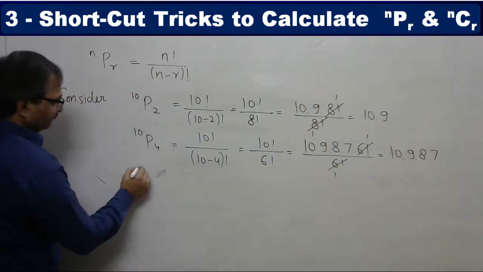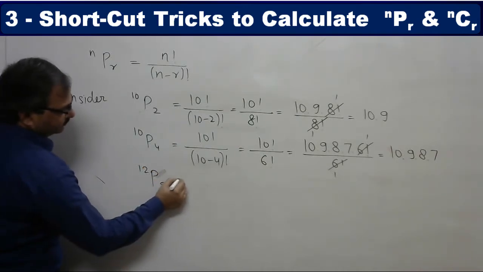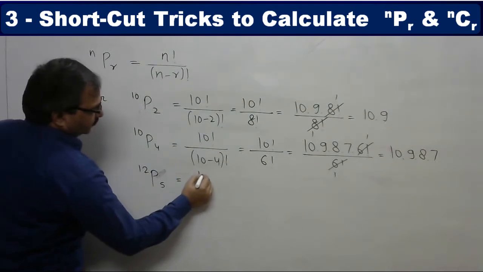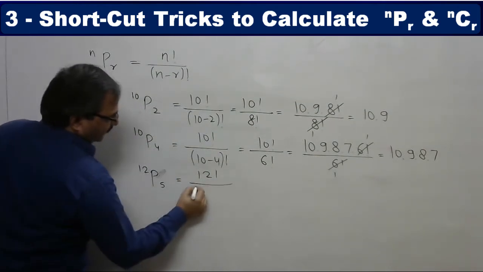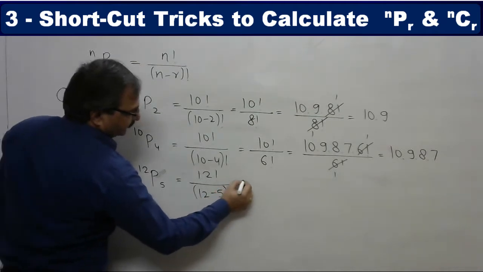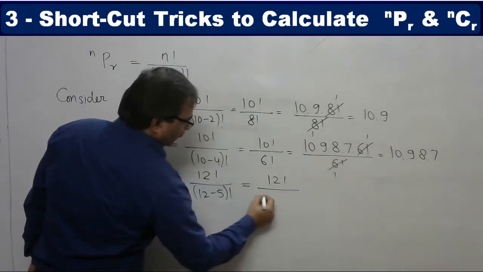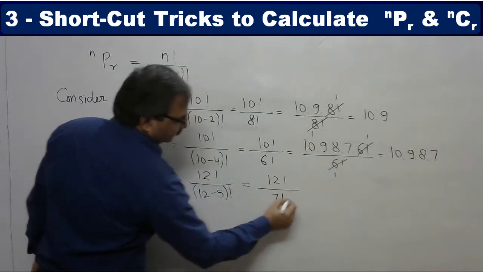Take one more example, 12P5. So this will be equal to 12 factorial upon 12 minus 5 factorial. This will be equal to 12 factorial upon 7 factorial.